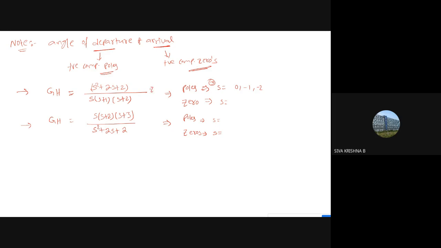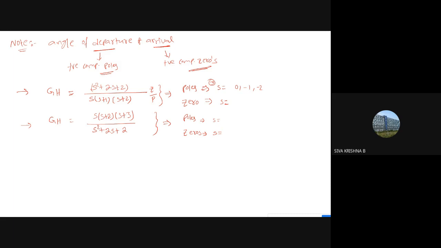That means zeros by poles, right? If you have the transfer function, the numerator terms are zeros and the denominator terms are poles. What about zeros in this? Is this a simple zero or complex zeros here?